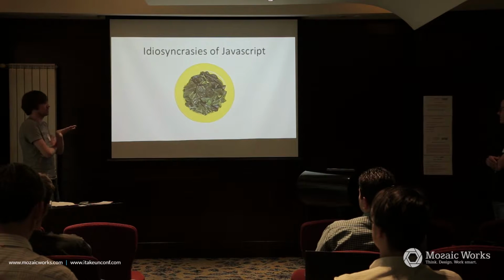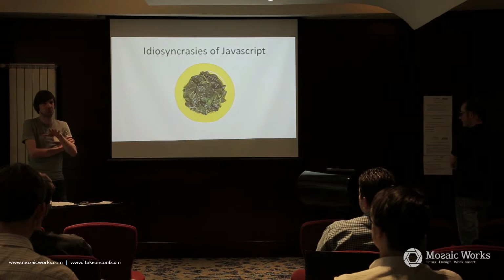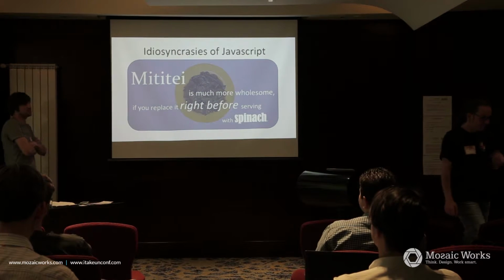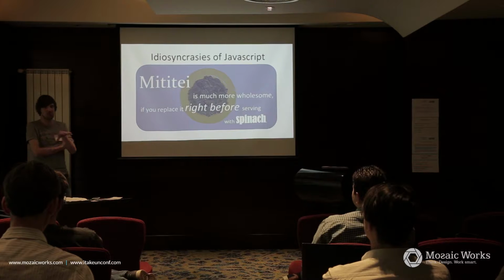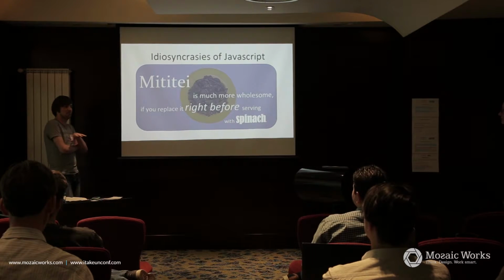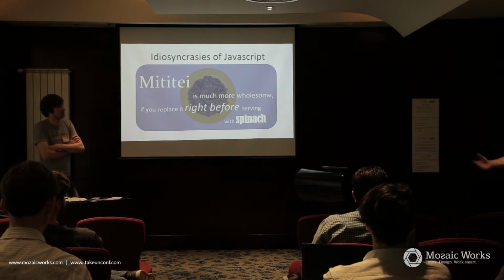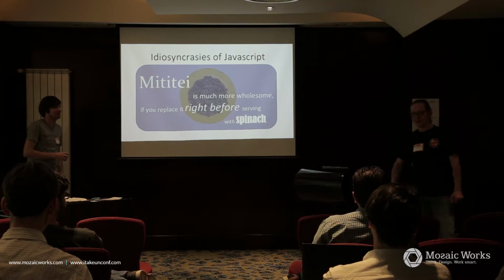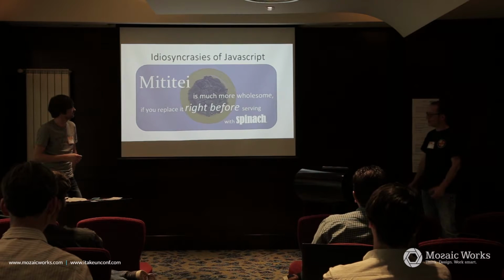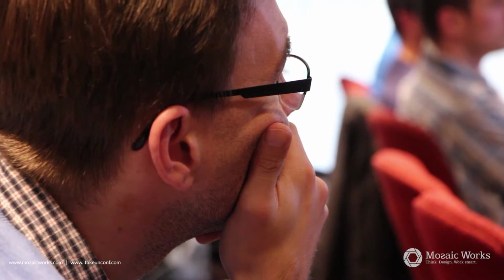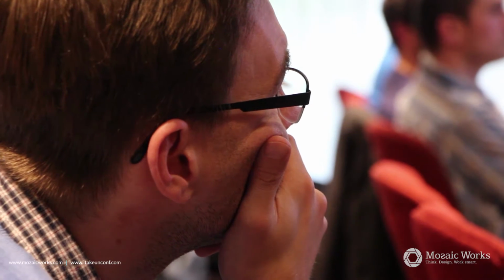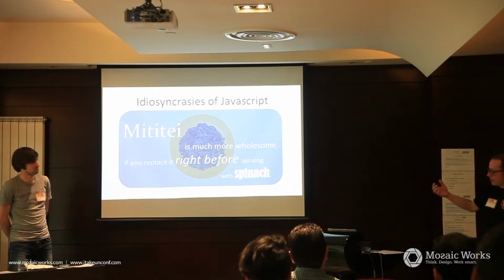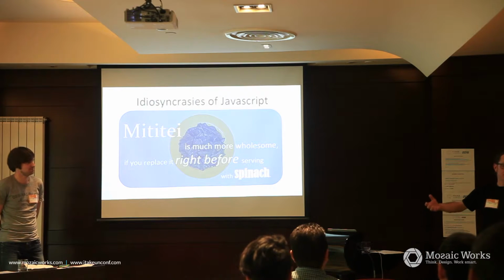If you do not know JavaScript, you can summarize it in a funny sentence. That says, meat tea is much more wholesome if you replace it right before serving with spinach. So you mean I go to a restaurant with my girlfriend, and my girlfriend, she really likes meat, yeah? It's an exceptional girlfriend, and she orders lots of meat tea, and I think, no, she needs some healthy food, not always this junk food, but I don't want to argue, you know that.